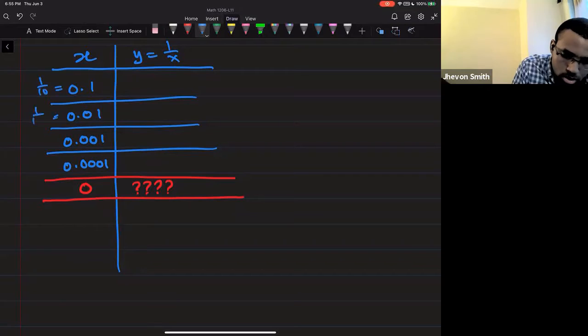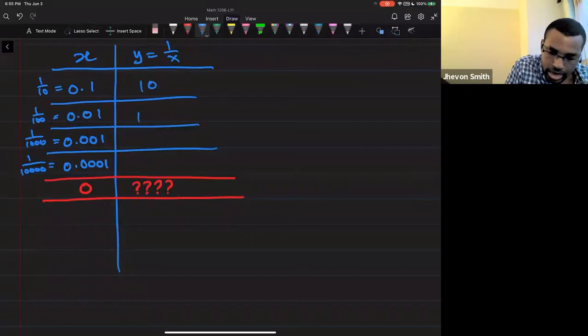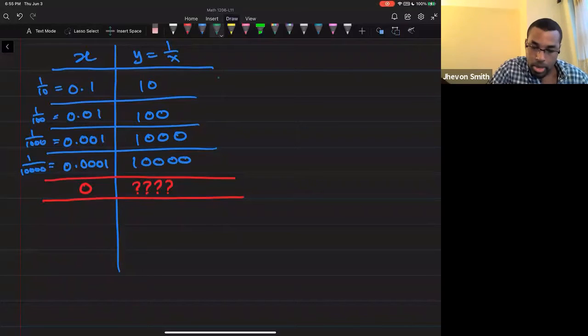This was 1/100th, this is 1/1000th, and this is 1 over 10,000. If I flip those, this one is 10, that one is 100, that one is 1,000, and this one is 10,000. Clearly, as I'm coming from this direction, I'm going off to infinity. We get larger and larger.